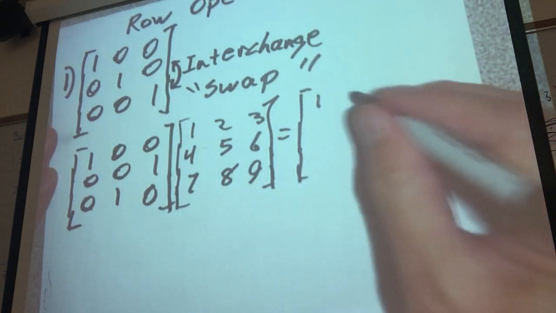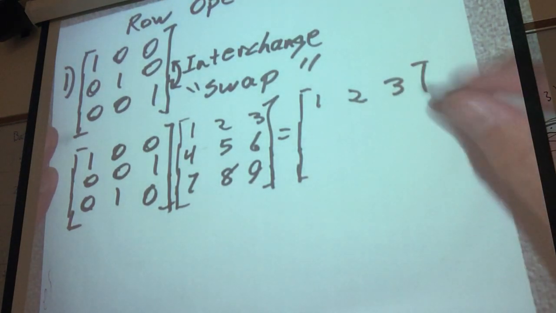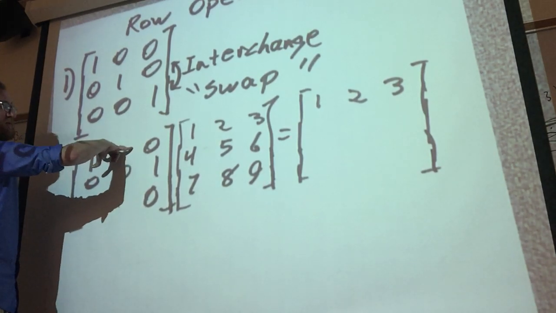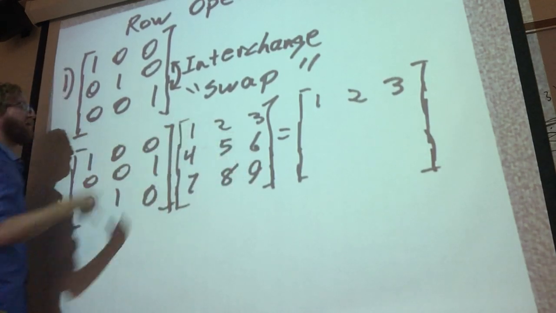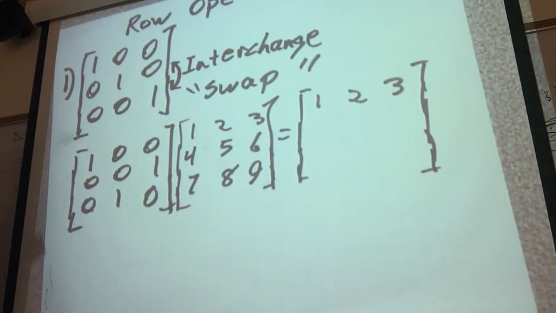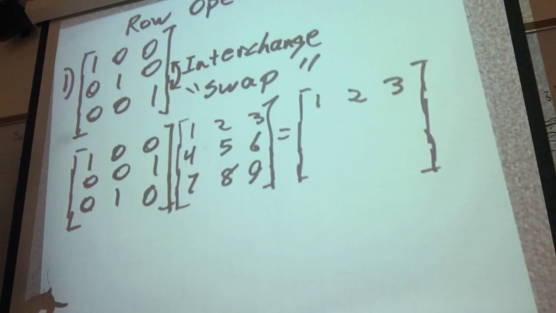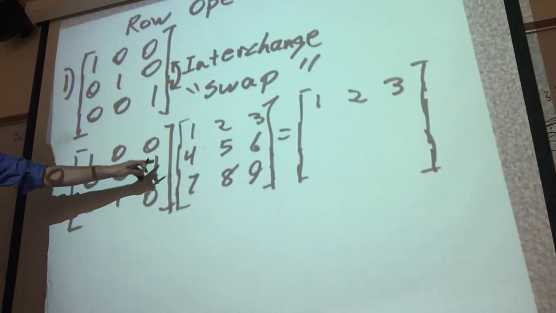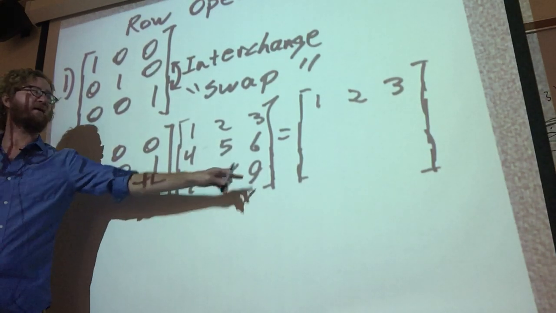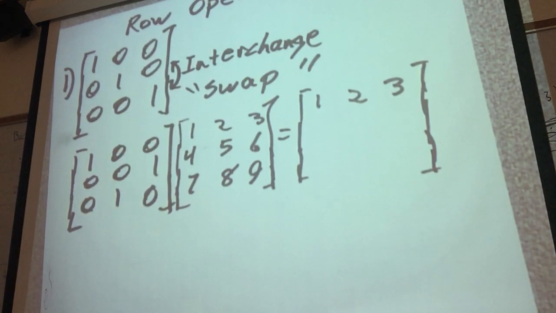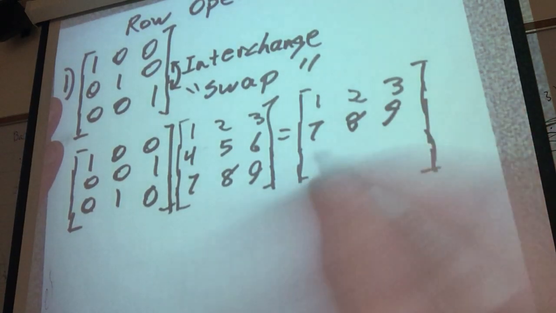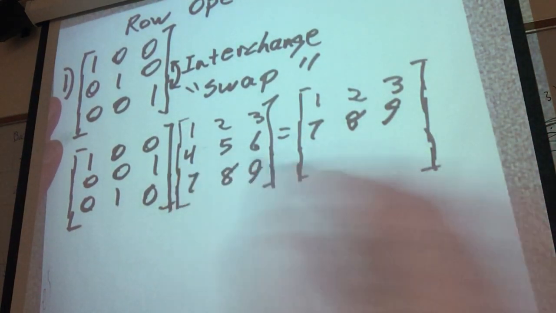Now, 1, 0, 0, acting upon this, you have this row act upon that column. What is it going to pick up? It's just going to pick up 1, 2, and 3. Now, this row 0, 0, 1, acting upon this, that 1 is going to pick up the 7, then the 8, and then the 9. And then this one, 0, 1, 0, is going to pick up 4, 5, and 6.